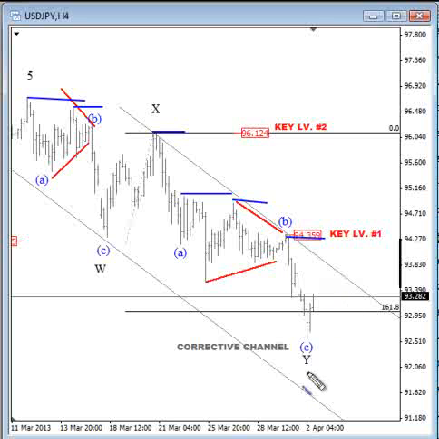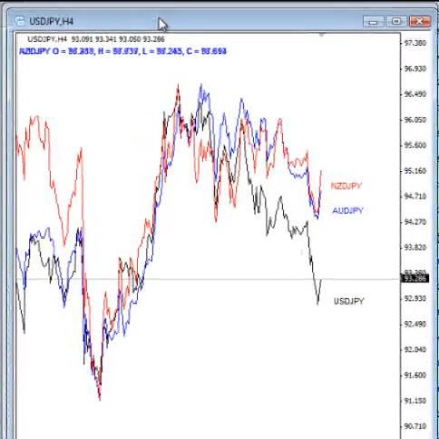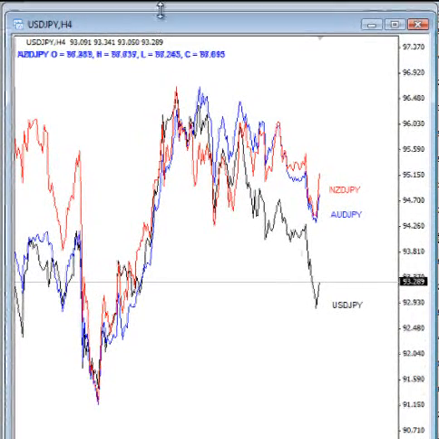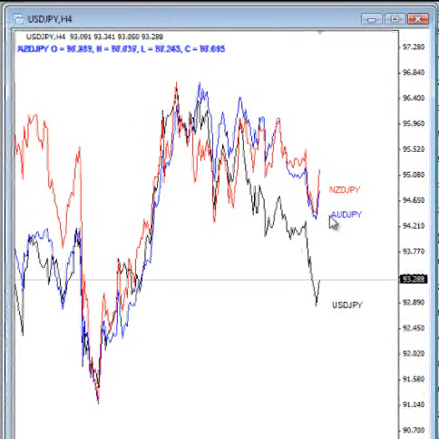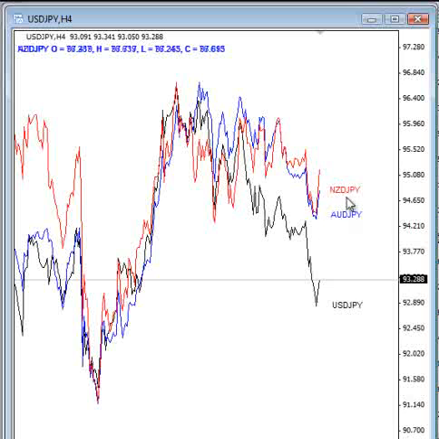In such case, we of course would be interested to buy some other yen crosses and not dollar yen, because for example Aussie yen has much better wave structure and is much stronger because Aussie dollar is rallying, and the same situation is with New Zealand against the Japanese yen. I also have here this overlay chart between dollar yen in black, Aussie yen in blue, and New Zealand against the yen in red.